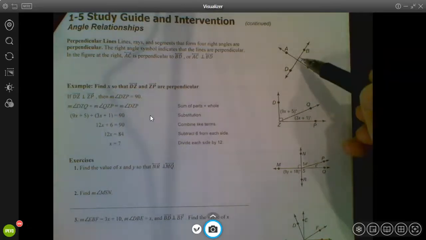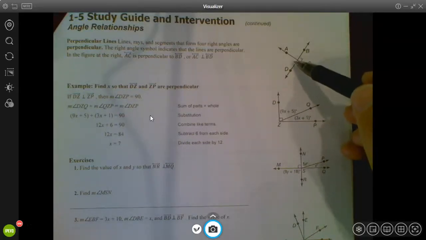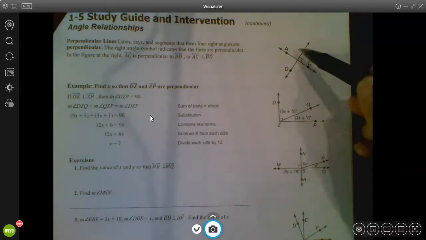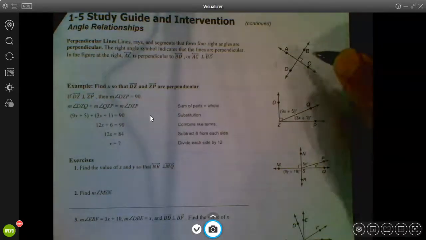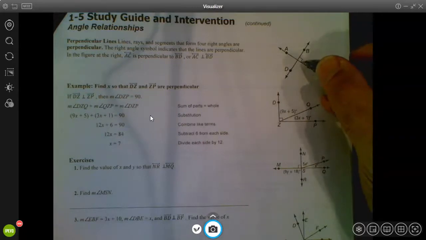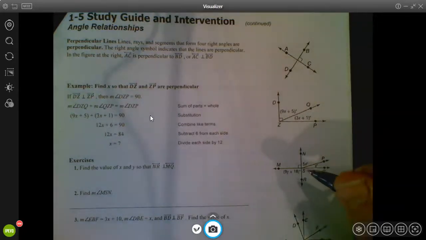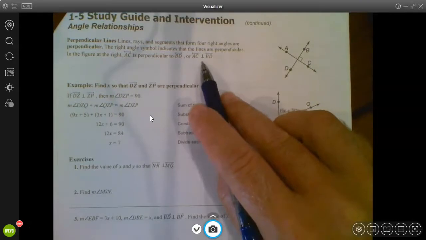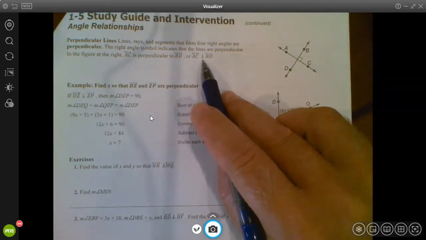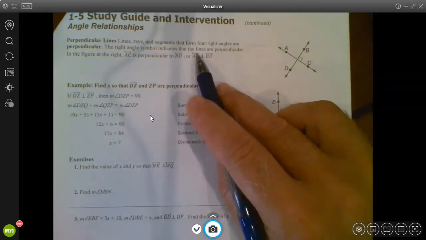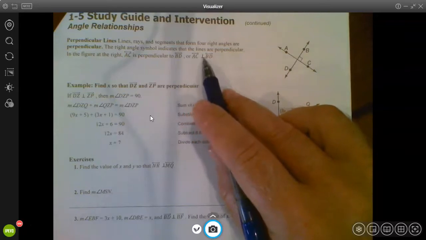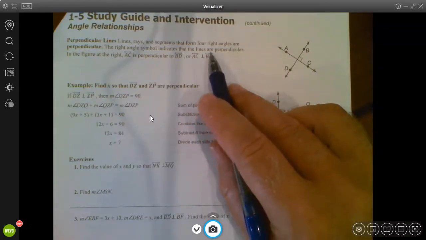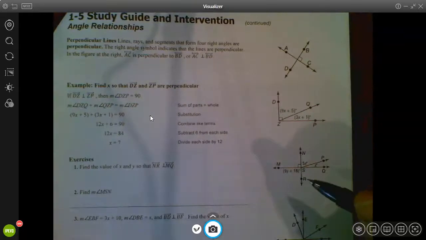They form right angles. So this is 90, this is 90, 90, 90, right? So these lines are perpendicular to each other because they form right angles. This is our symbol for perpendicular, if you're not familiar with that one. So we would read this as line AC is perpendicular to line BD. All right, that's what we got going on there.